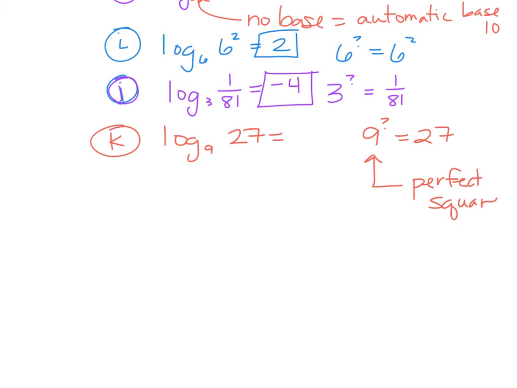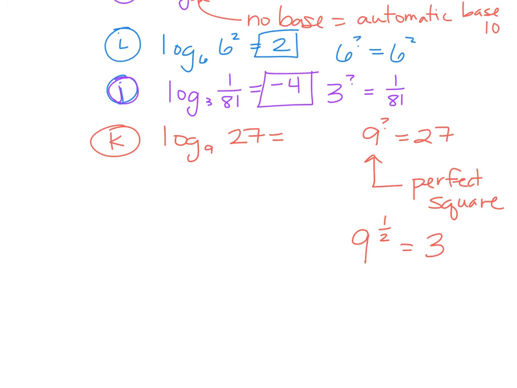So if I take 9 to the 1/2 power, what do I get? 3, right? I'm taking the square root of 9. What would I have to do to 3 to get 27? What power? The 3rd power.